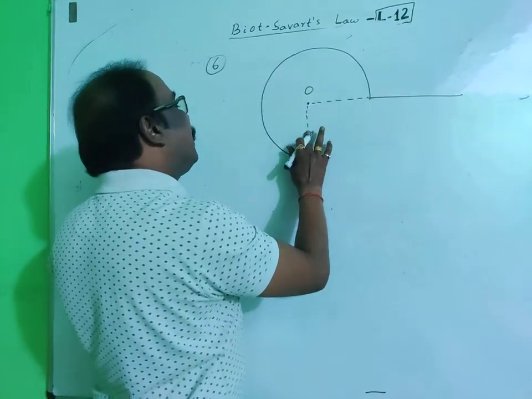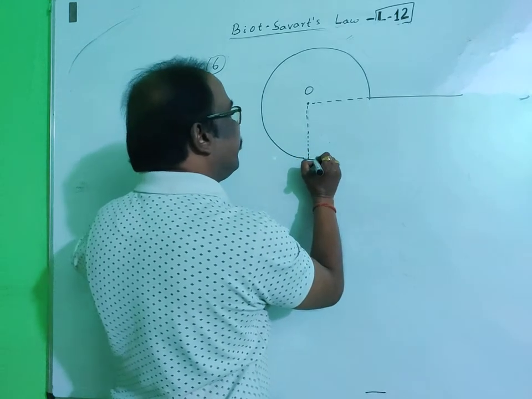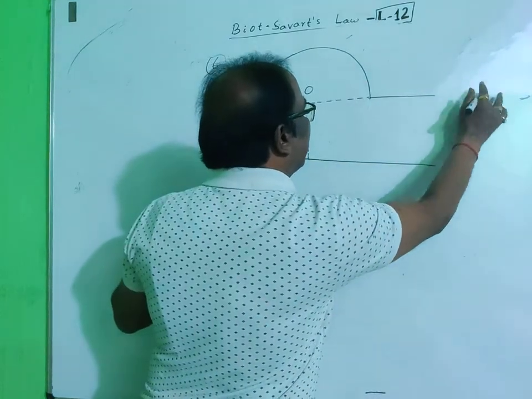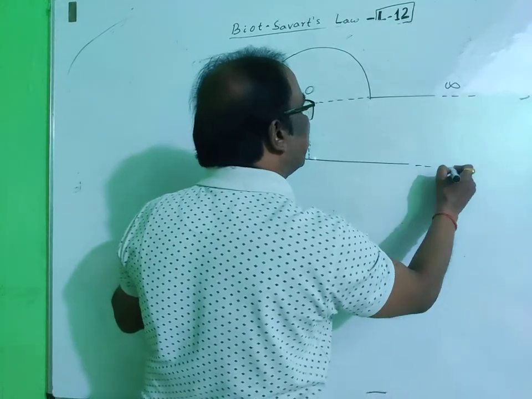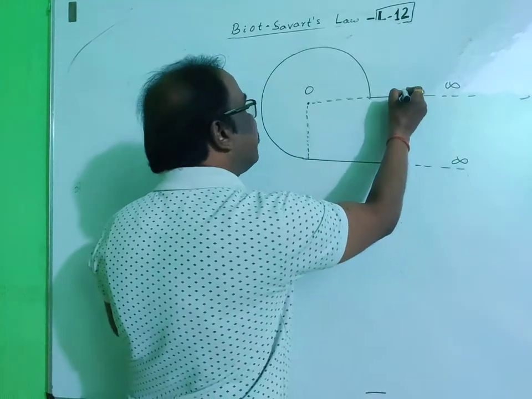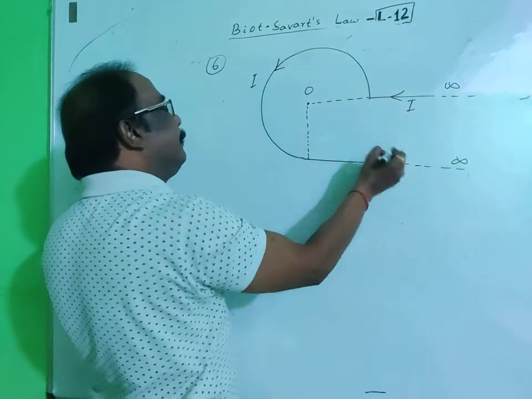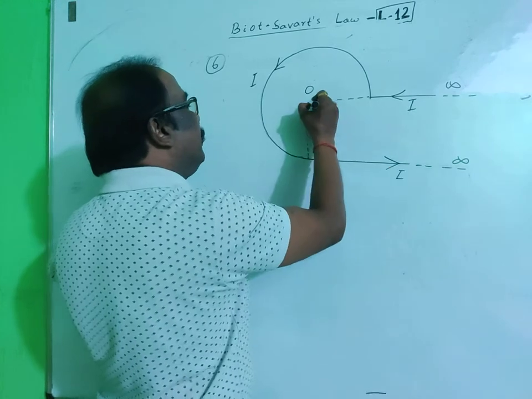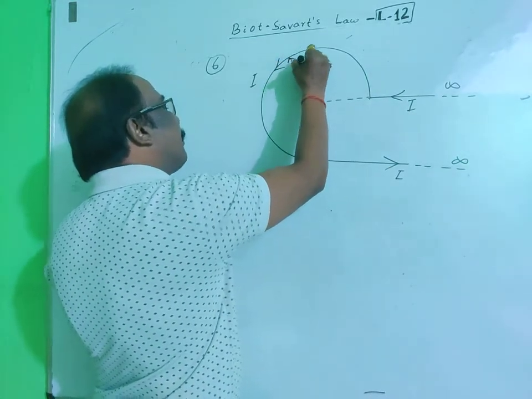I am taking this part of the circle. This is a straight conductor of infinite length in one direction. This is also a straight conductor of infinite length in one direction. Current is I, the same current is flowing, and the radius of the circle is R.